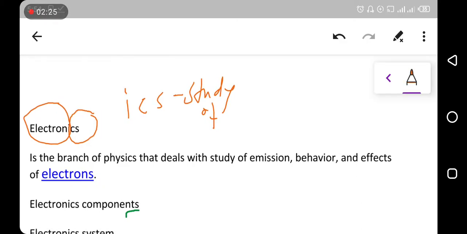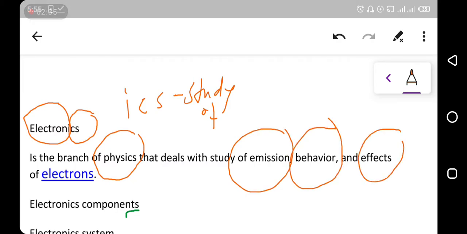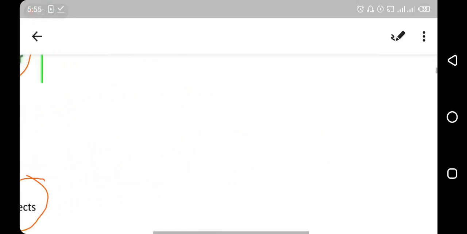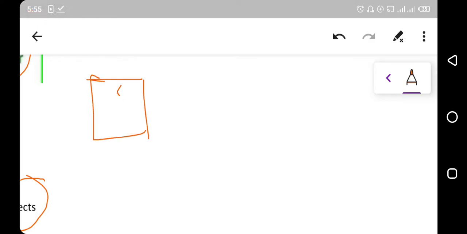Electronics is the branch of physics which deals with the study of emission, behavior, and effects of electrons. When we talk about emission, consider we have a metal which consists of electrons.